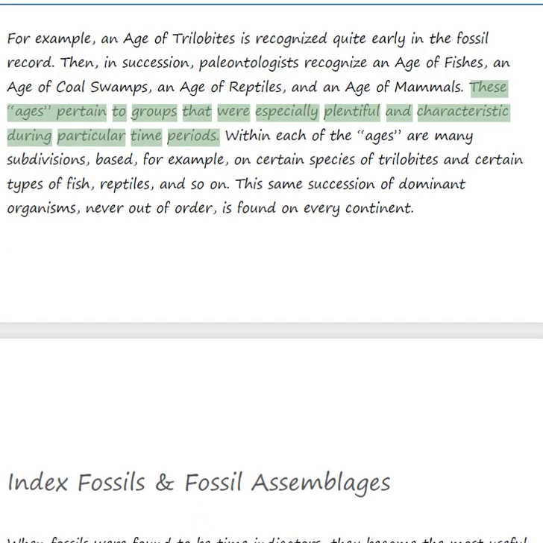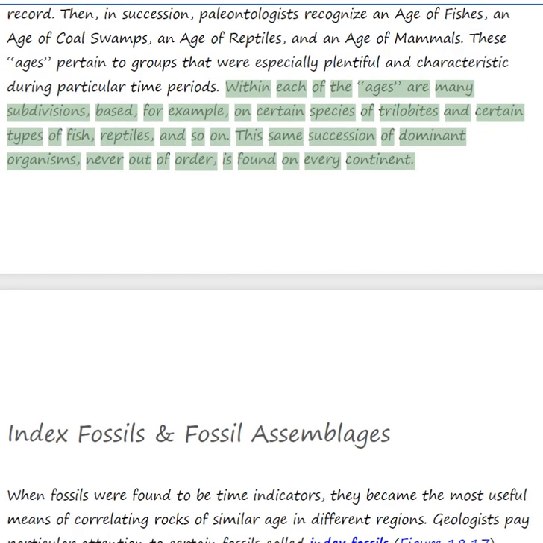These ages pertain to groups that were especially plentiful and characteristic during particular time periods. Within each of the ages are many subdivisions, based, for example, on certain species of trilobites and certain types of fish, reptiles, and so on. This same succession of dominant organisms, never out of order, is found on every continent.